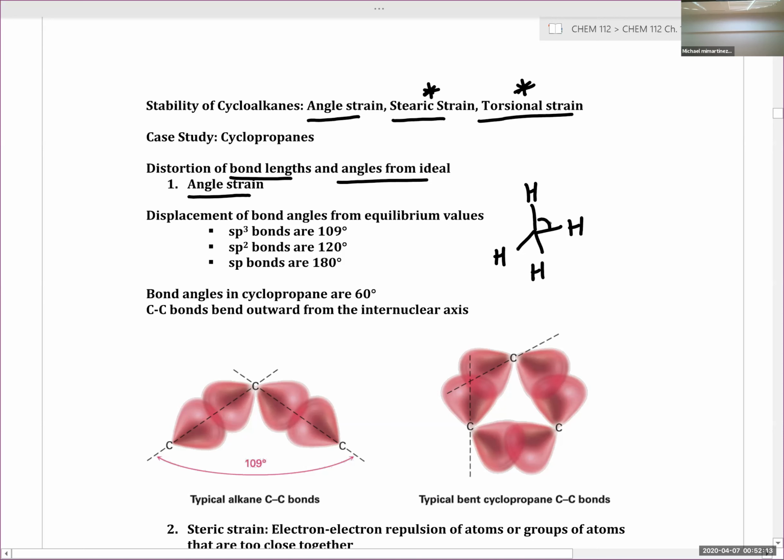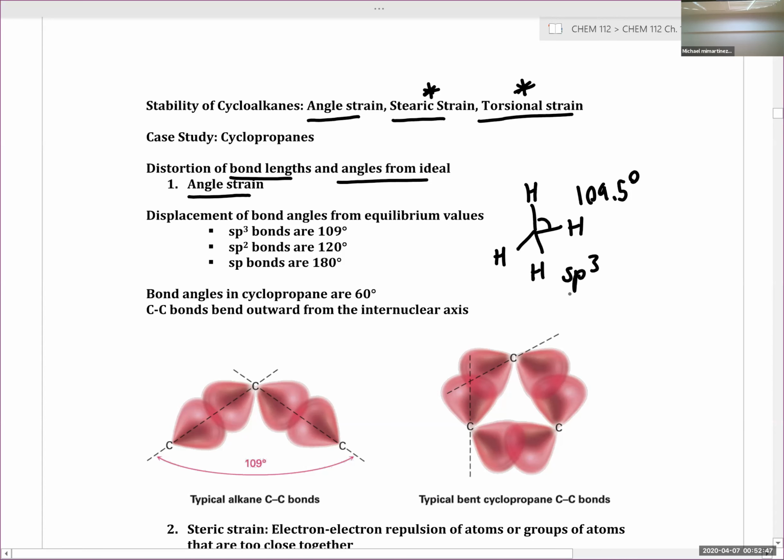What's our ideal bond angle for an sp3 hybridized carbon? What's the ideal bond angle, average bond angle? You're welcome to type in chat during this time. Yep, I see a lot of 109. So 109.5 degrees is our ideal bond angle for an sp3 hybridized atom.